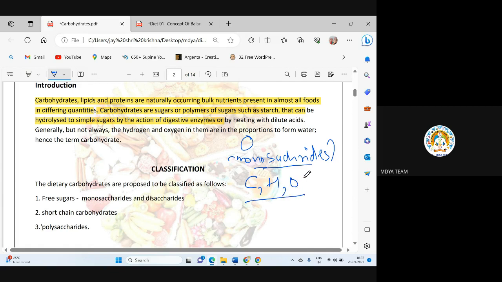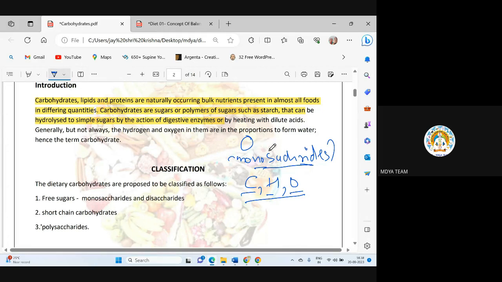I am again repeating: monosaccharides are chemical substances formed by the combination of carbon, hydrogen, and oxygen. They have a specific chemical formula and structure, but we don't need to know that chemical structure. That is not in our syllabus. So monosaccharides are the basic unit of carbohydrate.